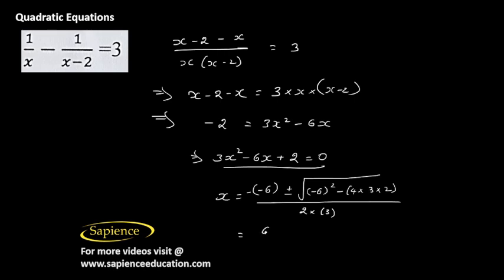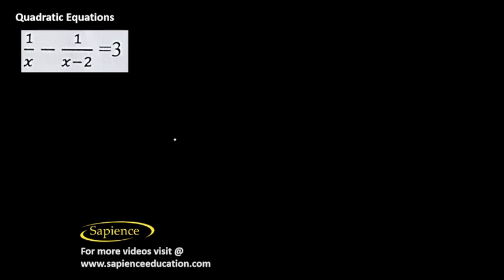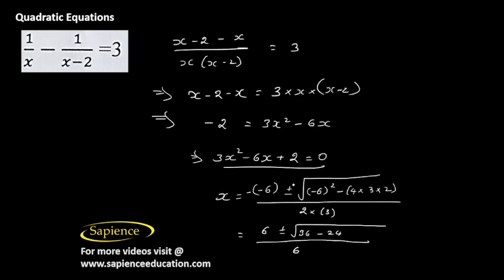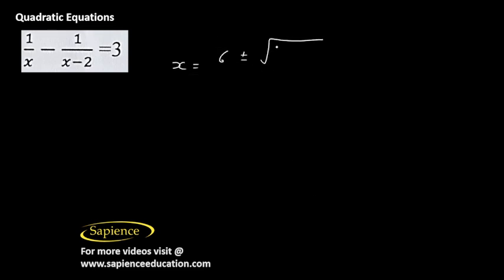Minus into minus, plus 6 plus or minus square root of 6 square is 36 minus 4 3s are 12, 12 2s are 24, divided by 3 times 2 is 6. Let's rewrite it on a different page. Value of x is 6 plus or minus square root of 36 minus 24. 36 minus 24 is 12. And denominator is 6.